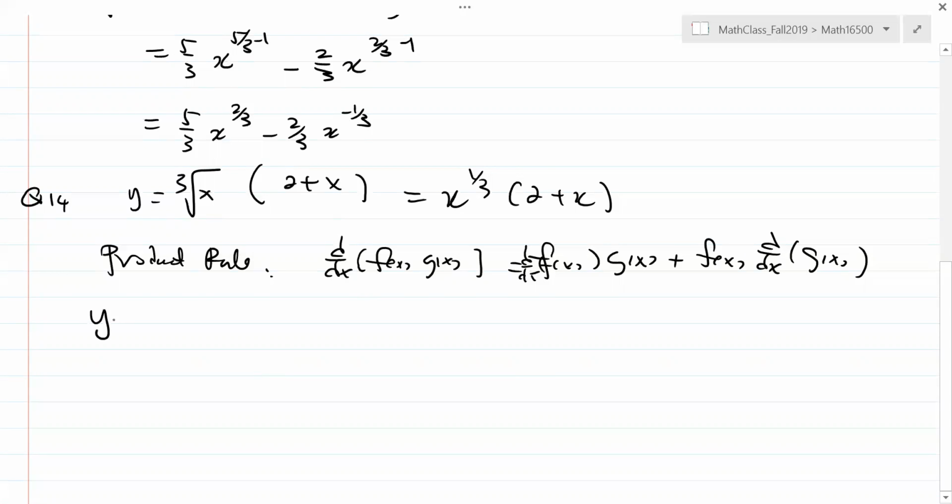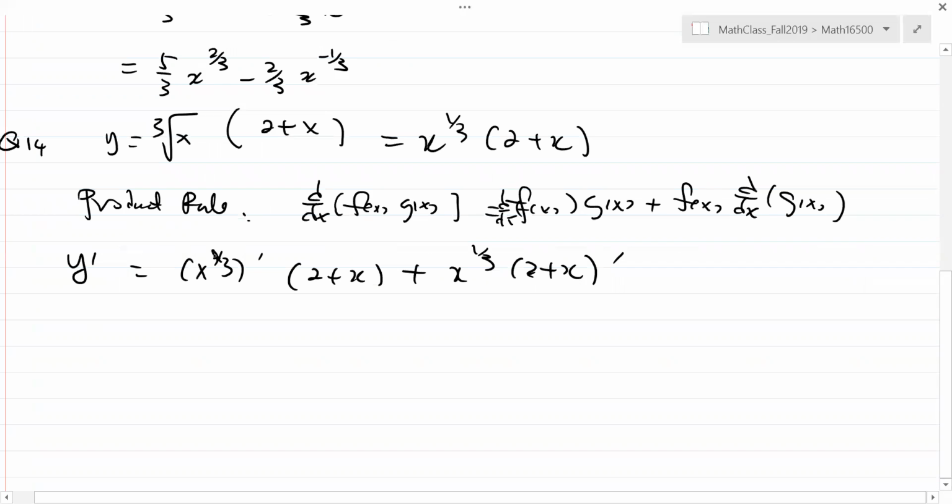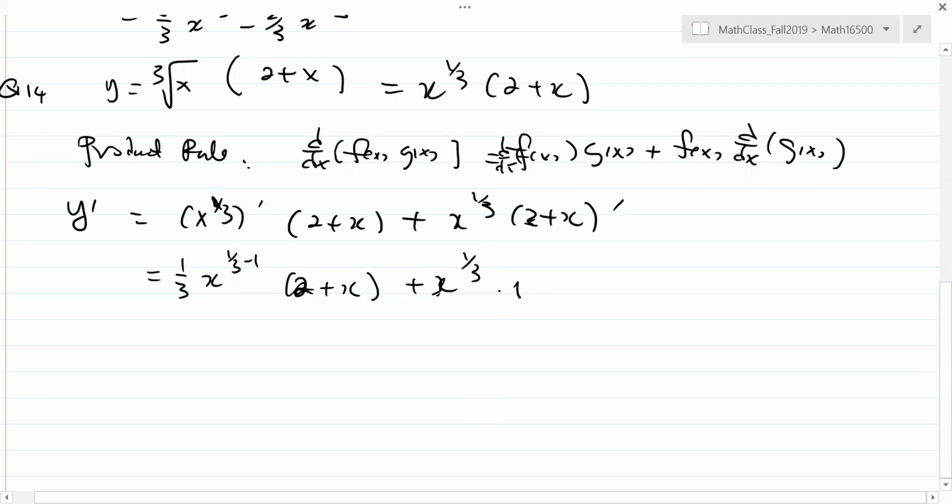So y prime is going to be x to the 1/3, and the derivative of x to the 1/3 is going to be 1/3 x to the 1/3 minus 1. Now the derivative of 2 plus x is just equal 1. That's it. You can simplify it, but this is the key part.